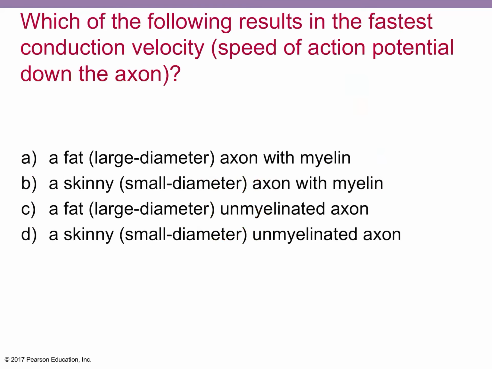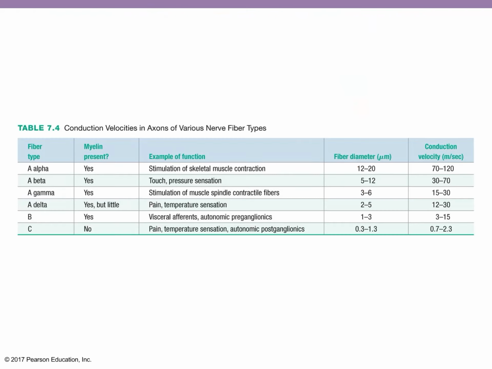Okay, so which of the following results in the fastest conduction velocity? You should see here a fat or large diameter axon with myelin. There's no need to memorize anything here, but it's a nice example of how we have different fiber types. And remember, a nerve fiber is the axon.